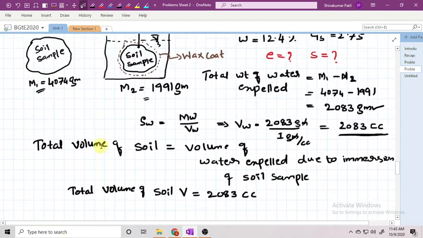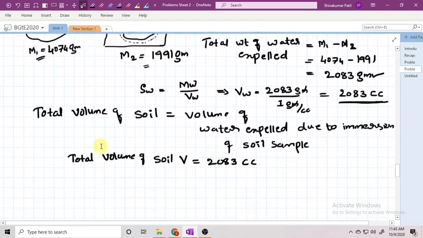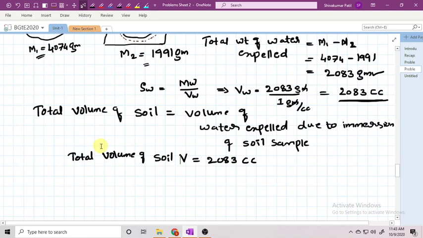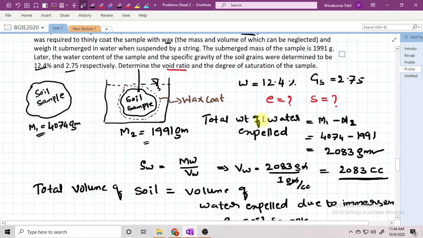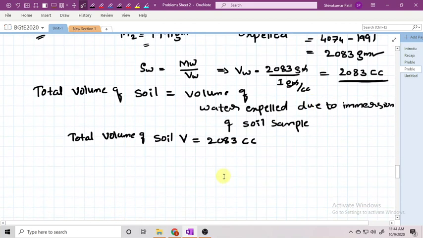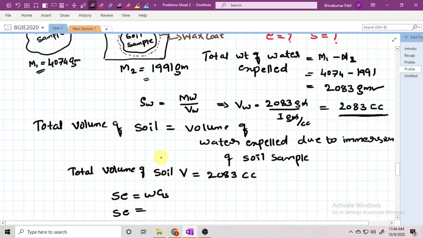Now next, I want to find out what they are asking. They are asking void ratio and degree of saturation. So let me write the formula, that is S e equal to w into Gs. What is the water content of the soil sample they gave?